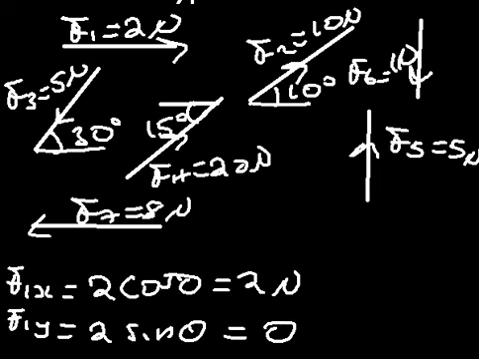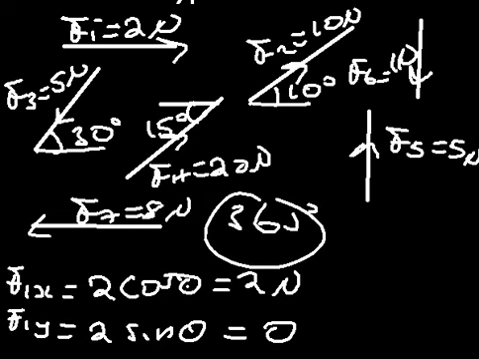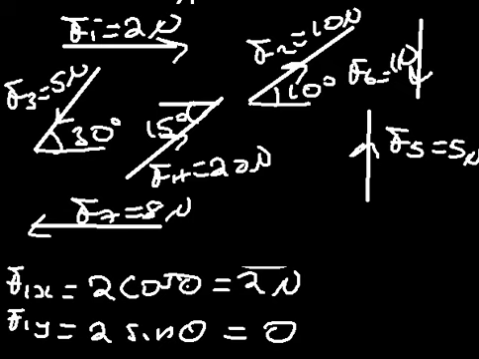So whenever the vector is acting along the x-axis, the y component of that vector is 0, and the x component is the same as the vector. Even if you think of the angle as 360 degrees, it is the same. So for the vector f1, these are the components.